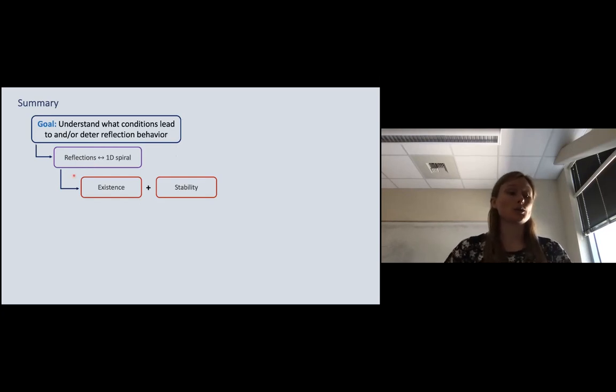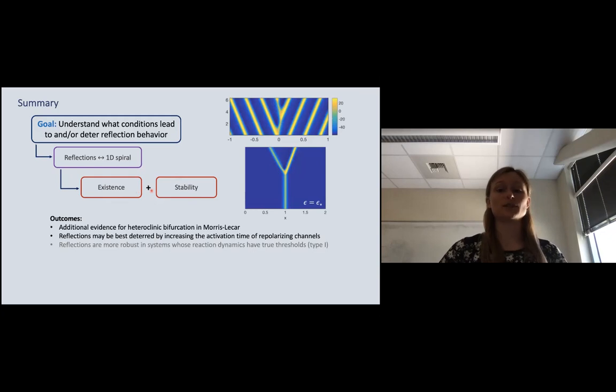And so therefore, to understand the probability that these reflections arise and how we can control them, we look at the existence and stability of that 1D spiral. So in order to actually compute these, we computed different spatiotemporal patterns numerically to both compute the 1D spiral directly and also compute that heteroclinic bifurcation point.